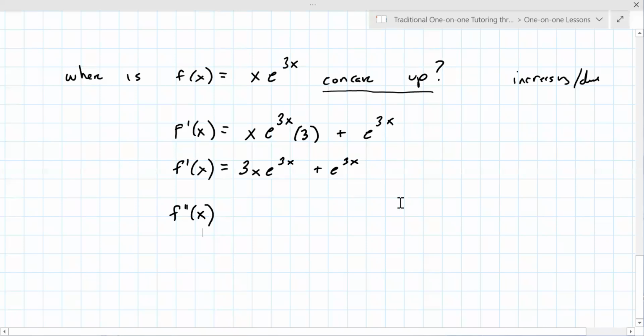The next thing is to take the derivative of this previous term, which is product rule again. It's the first times the derivative of the second, which is itself times 3, plus the second, e to the 3x, times the derivative of the first, which is 3.